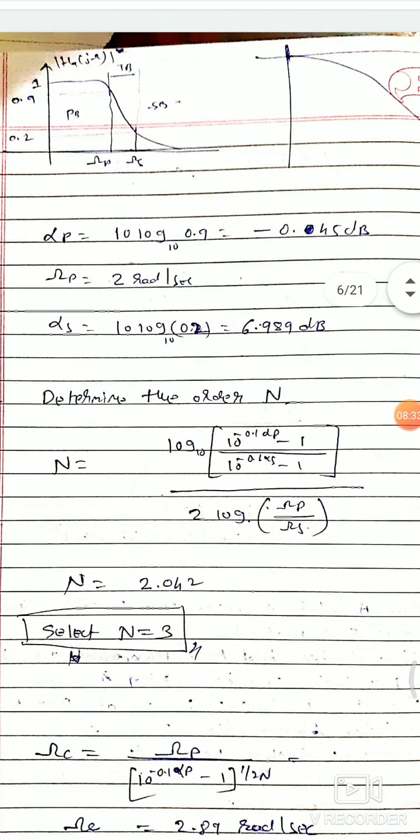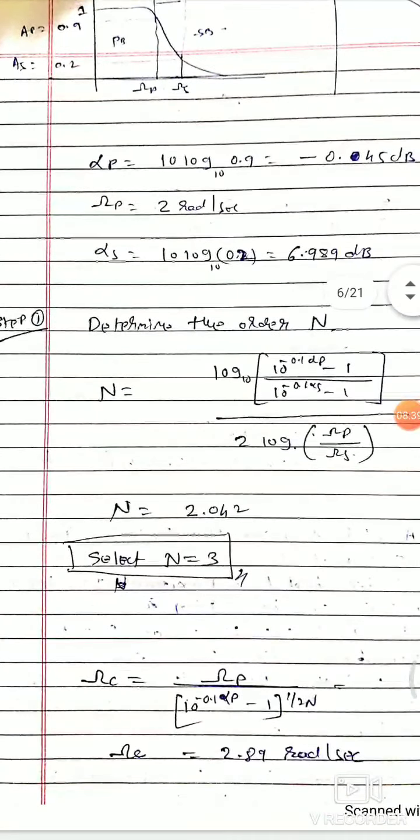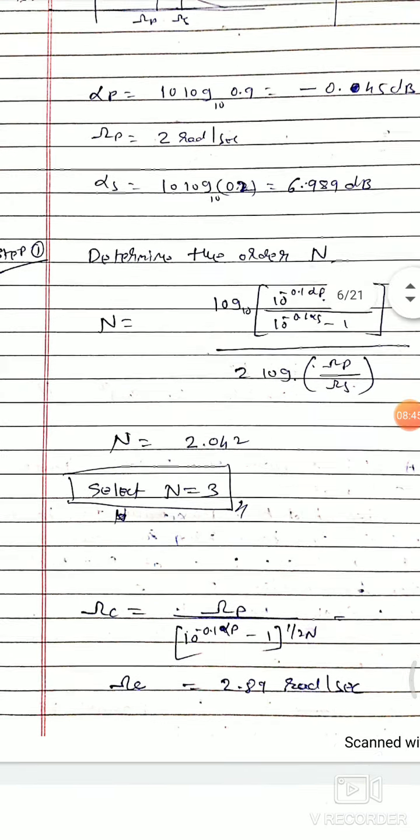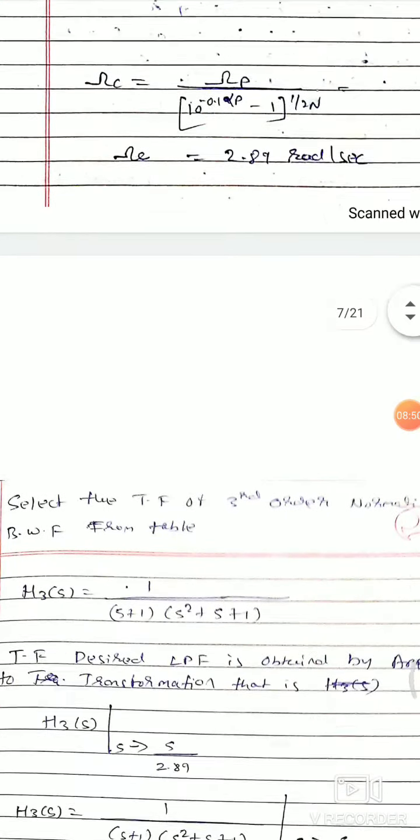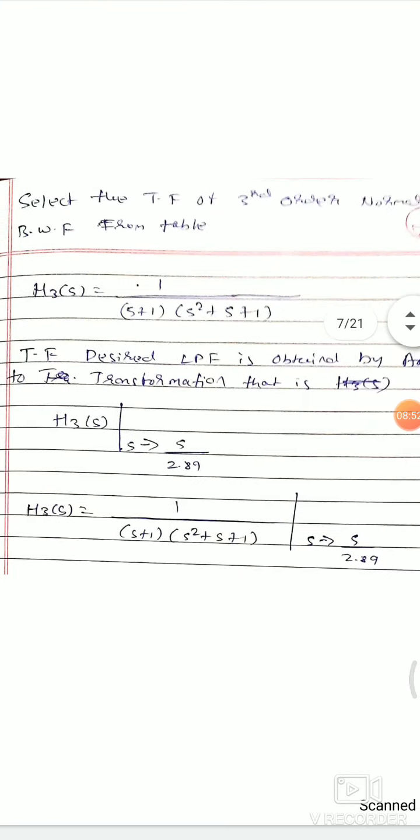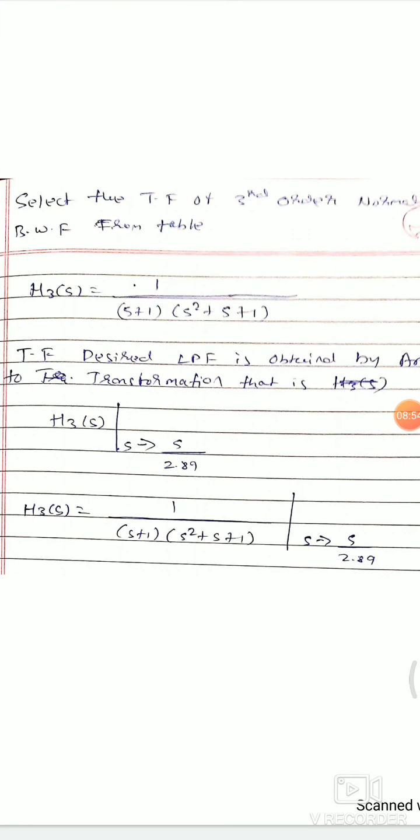So once you know all these alpha p and alpha s values, and you know the procedure already, you have already done one example. Step 1 is to determine the order and omega c. You know the equation for n and omega c. Substitute, and you get the order. Once you get the order, get the transfer function of that order, the normalized Butterworth filter.